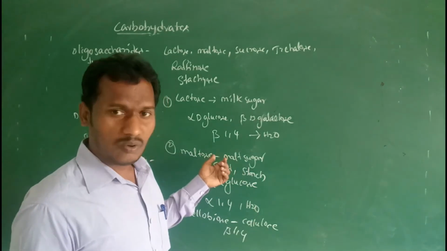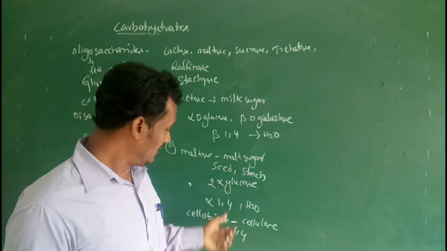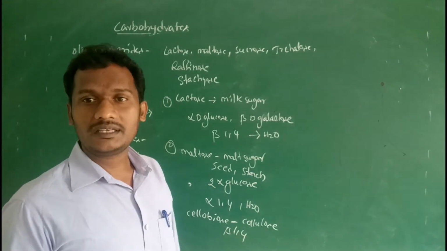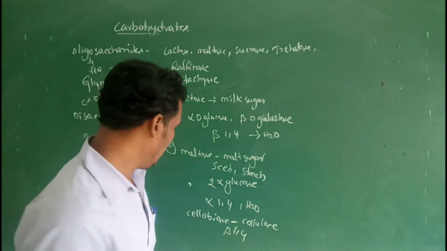It is similar to maltose, but a beta 1,4 glycosidic bond is present. It is similar to lactose in that respect. It shows a beta 1,4 linkage.